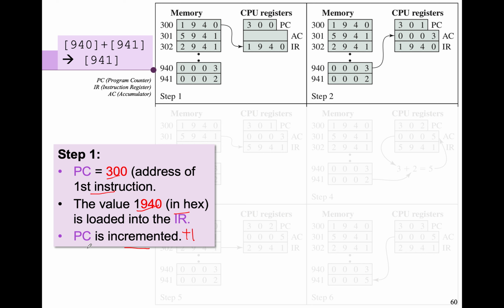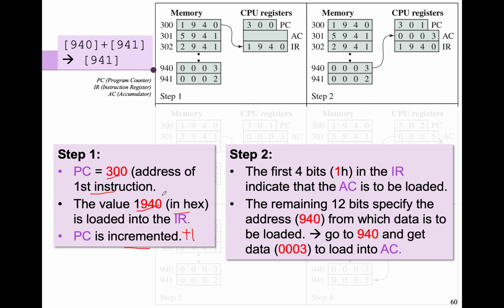So now your PC is 301. In the second step, you can see that the first bits, 1H, in the IR indicate that AC is to be loaded. This one.